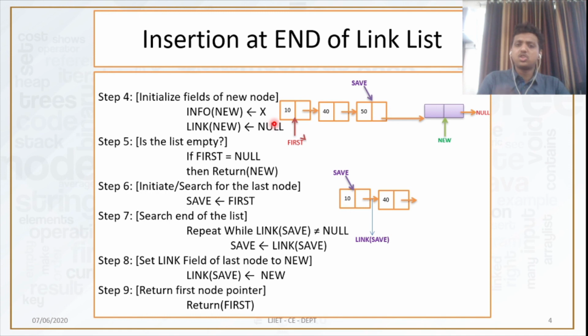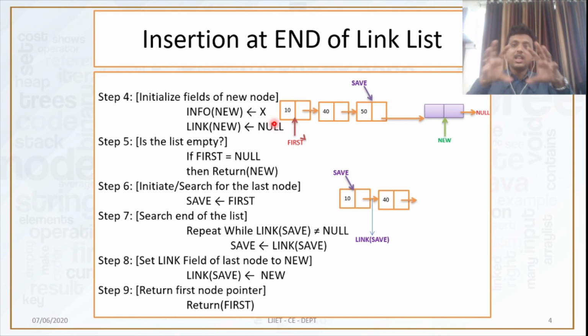Just watch this video once or twice to get a better idea of how we move the save pointer from the first node to the last node, and how we insert in a singly linked list at the end. Insertion in a linked list is very easy if you picture how the node should be inserted.